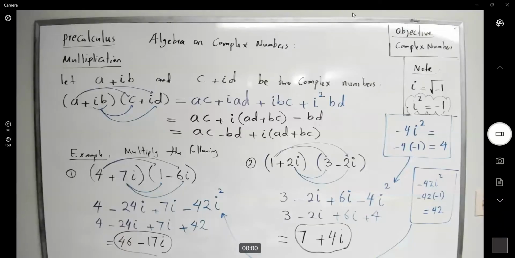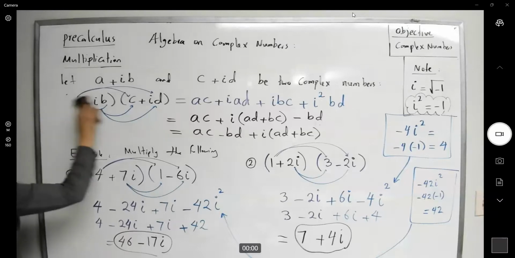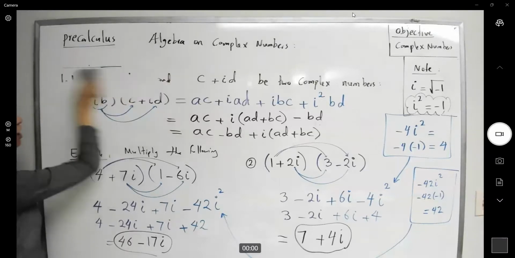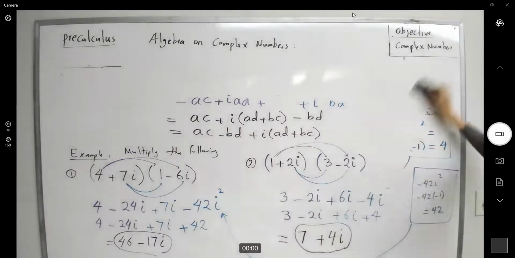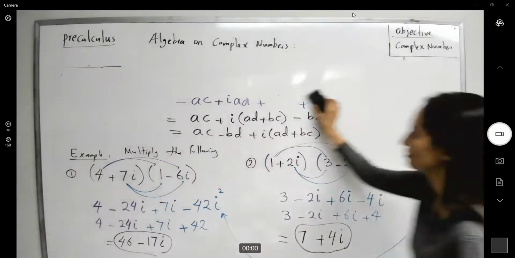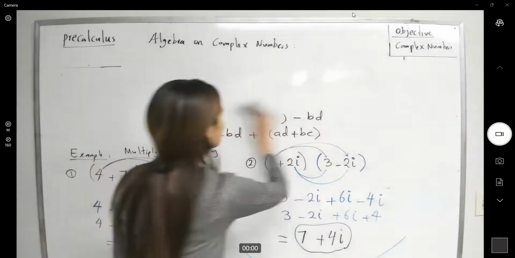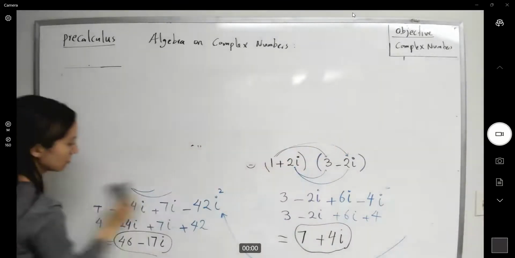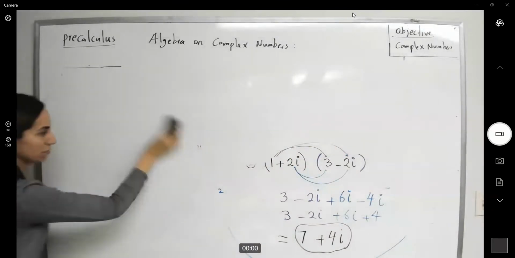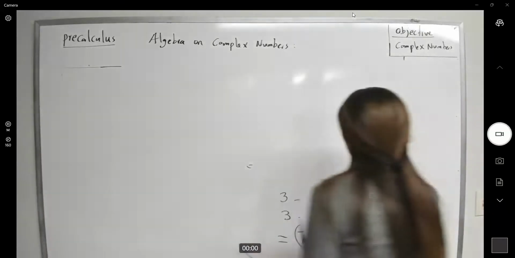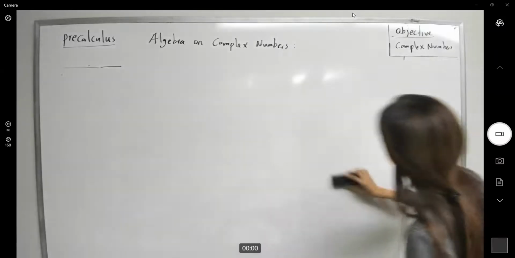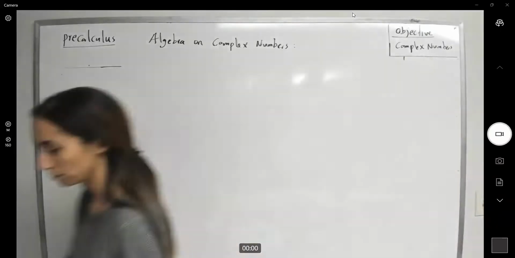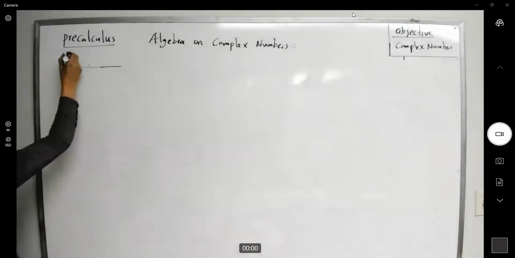And the last operation is division. How do we divide two complex numbers? So, division.